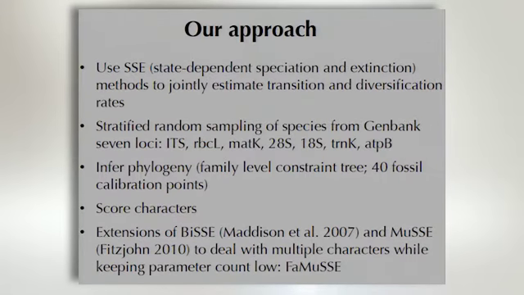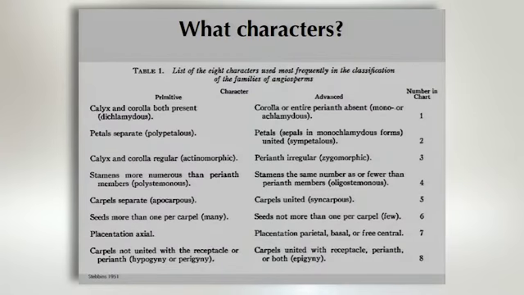Sampling species from GenBank, sampling sequences of 7 loci that we used to infer phylogeny using a family-level constraint tree, because we weren't really interested in reanalyzing the phylogeny, but we needed branch lengths for the analyses, using 40 fossil calibration points, scoring characters, and then using an extension of existing SSE methods that I'll tell you about in a minute.